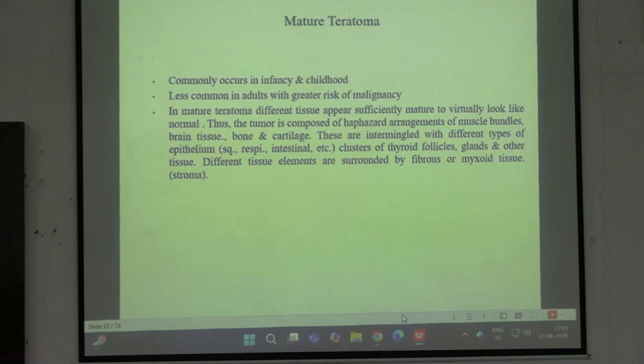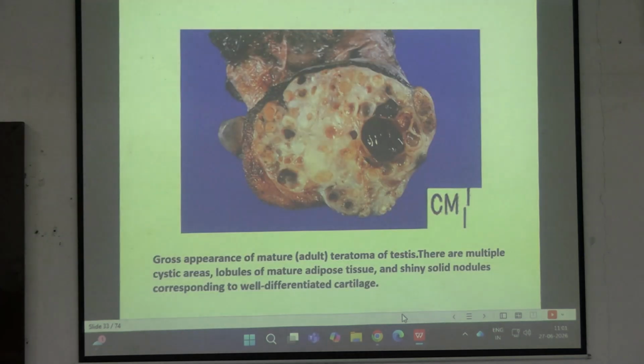Either skin will be present or some respiratory glands or GI glands or brain tissue, bone, cartilage, hair follicles, anything can be present. But they are all differentiated mature tissue. So under the microscope also you are going to see that.